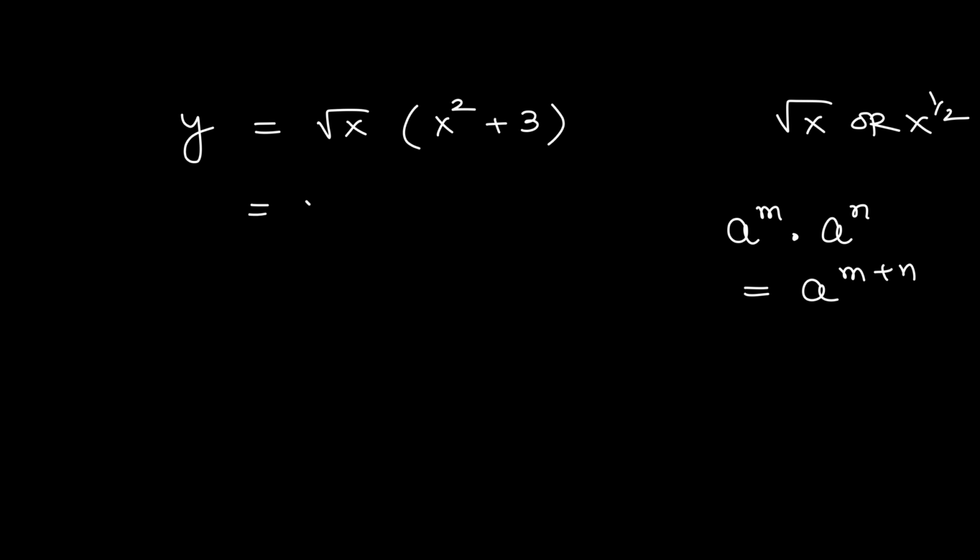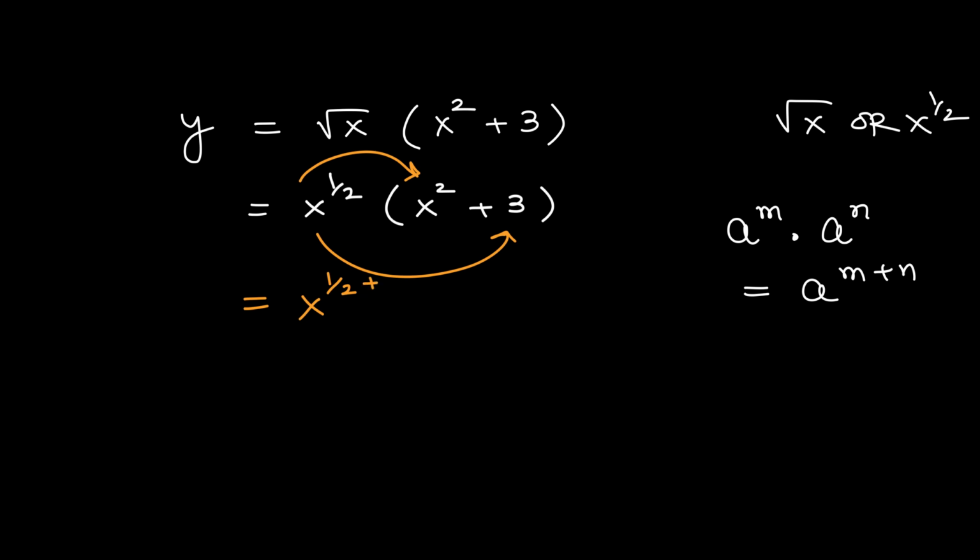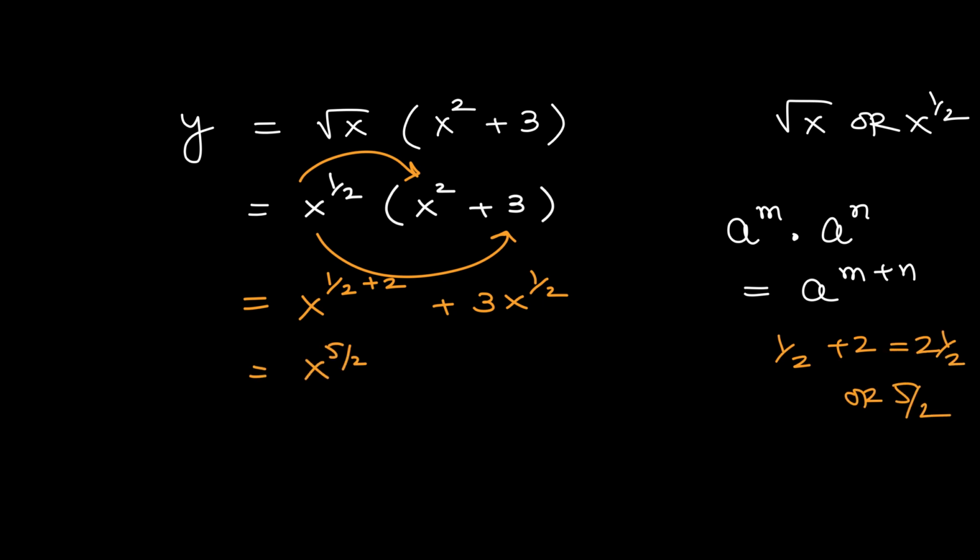So first of all, write this as x^(1/2) times x^2 plus 3. Now when we multiply, this is how it goes. This is x^(1/2+2) plus 3x^(1/2). We know that half plus 2 is 2.5, which is 5 over 2. So this is x^(5/2), and this is 3x^(1/2).